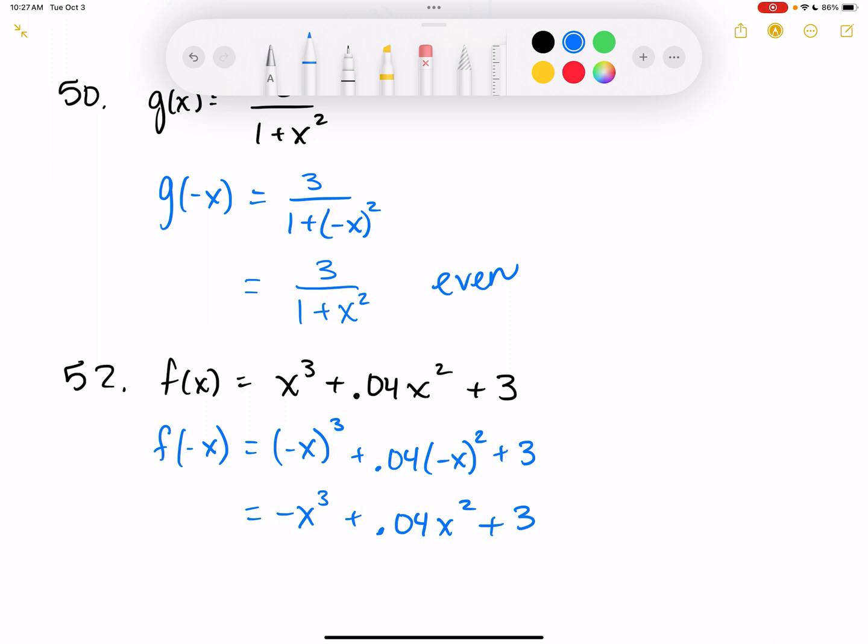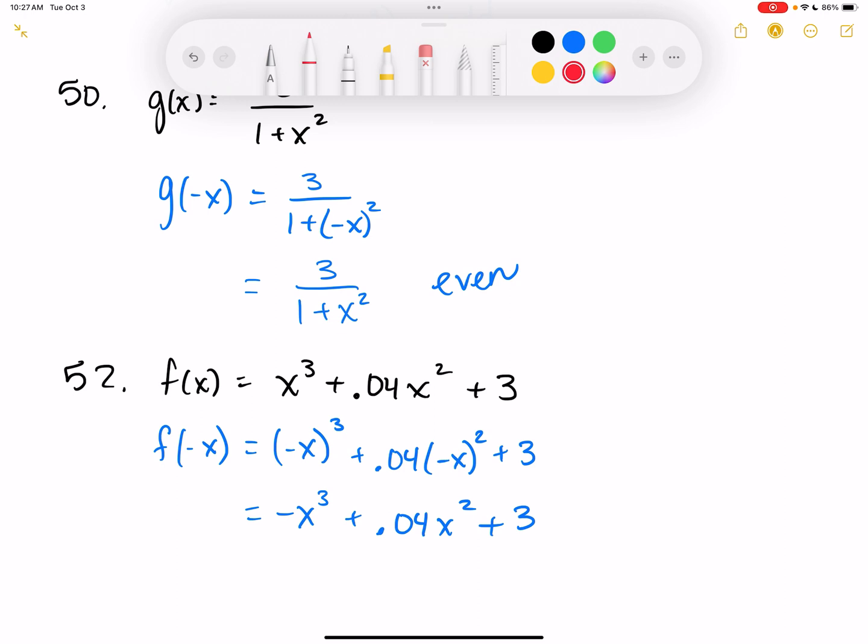So, looking at this one, the x cubed is negative now. It was positive to begin with in the original. The 0.04x squared was positive to begin with, and it's still positive, and then the plus 3, we don't really care about that part. Because these are different, they either needed to both be positive or both be negative for this to be even or odd.